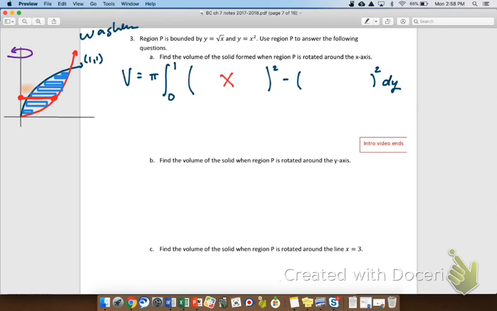The issue with this, of course, is that I've got a dy integral, and so I can't leave that x in there. I've got to convert this over to a y. Which equation is the red graph? Y equals x squared. So I want to take this y equals x squared and rewrite it with the x solved for. So this would be plus or minus root y equals x.